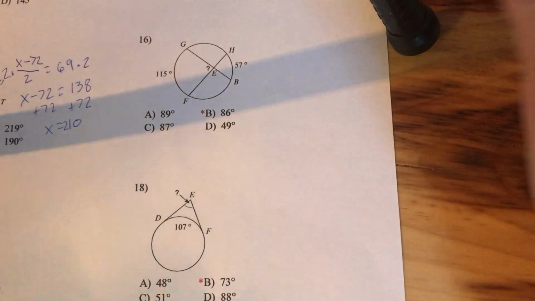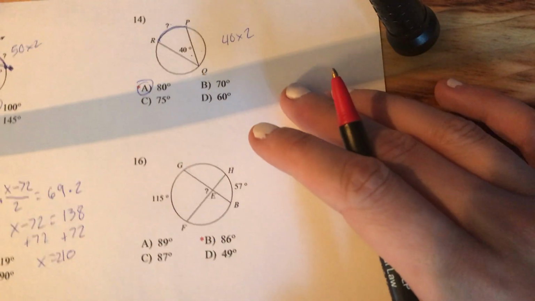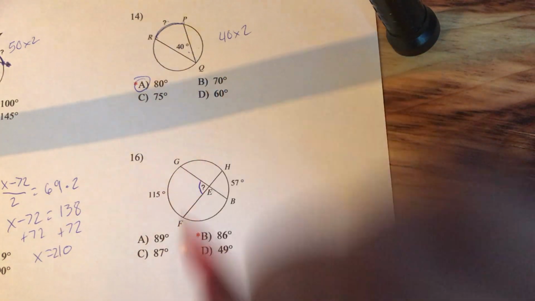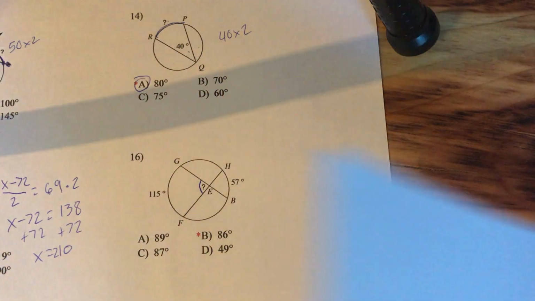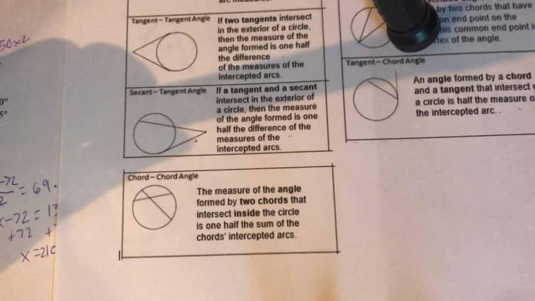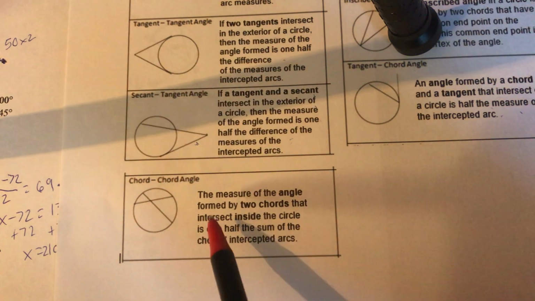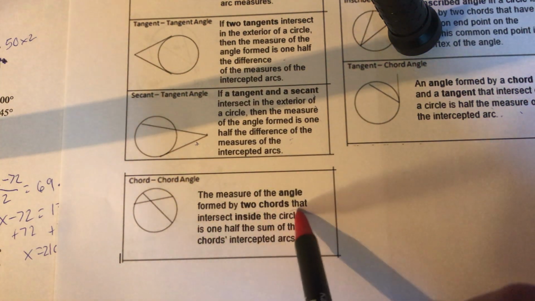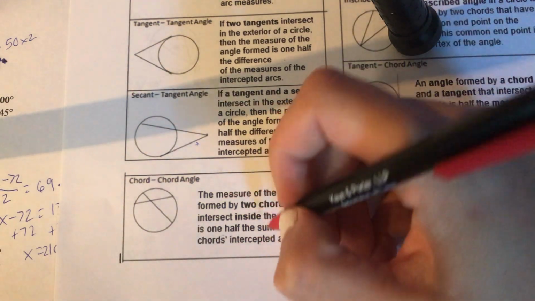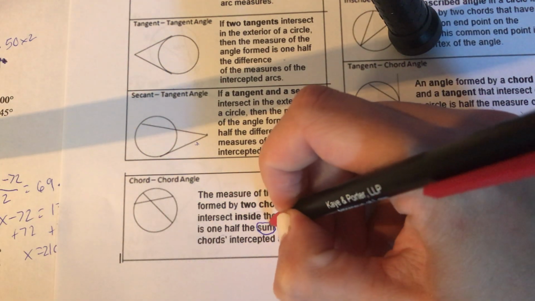All right, so we're trying to find this angle. Sorry, the shadow's messing it up again. I would definitely go to your formula sheet for this one. It's a chord and a chord, so I'm going to go all the way down to the chord and chord angle. The measure of the angle formed by two chords that intersect inside a circle is 1/2 the sum. Notice a lot of the others have been the difference.